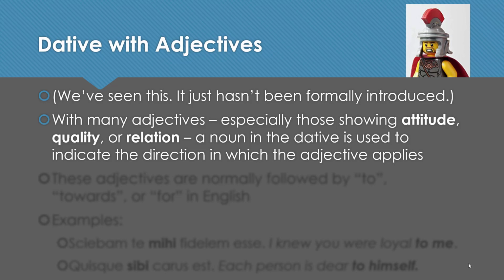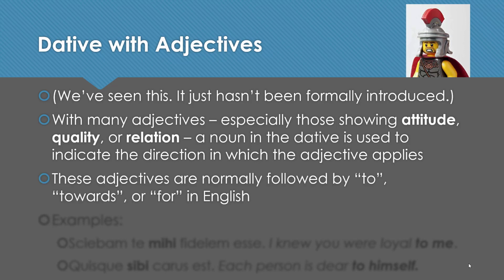Okay, and an easy way to recognize them in English is that these adjectives are normally followed by to, towards, or for in English. So think of things like loyal to. That's one. I'm loyal to you.